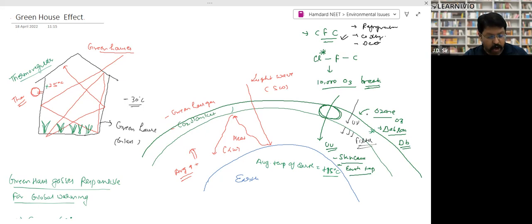The process is called ozone depletion, and it is increasing global warming.